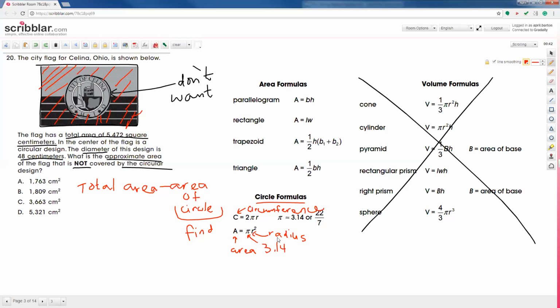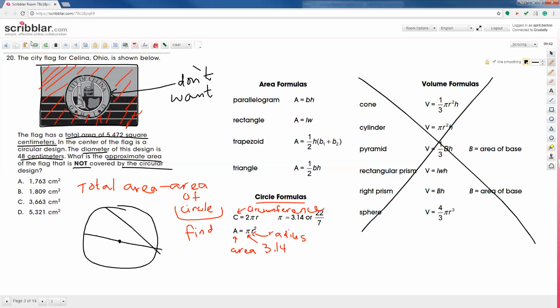So we need a radius. The number we need to plug in is radius, but the number they gave us is diameter. They said the diameter is 48 centimeters. So when you look at a circle, the diameter goes all the way across and it goes through the center. It can't just go to the side of it.